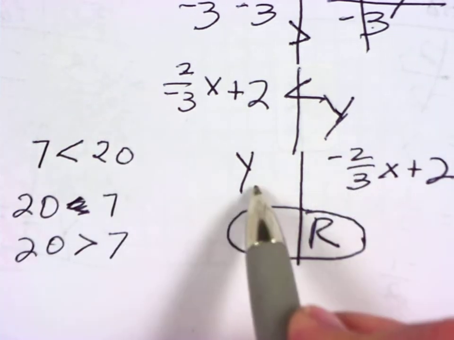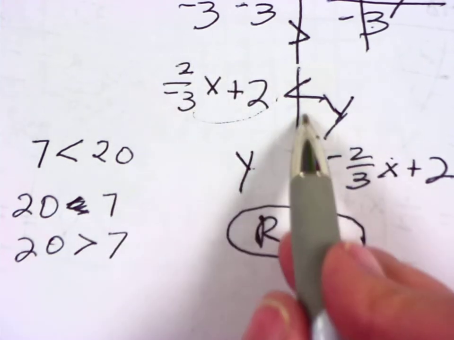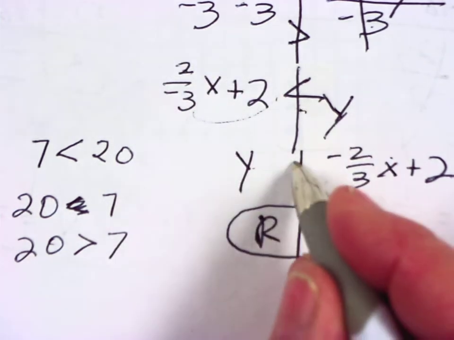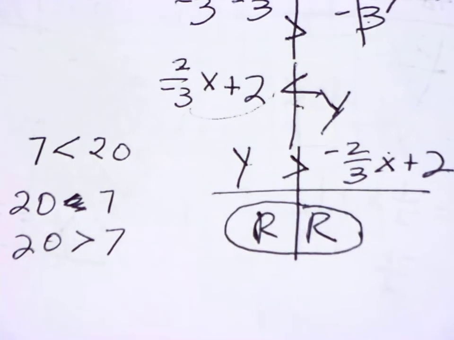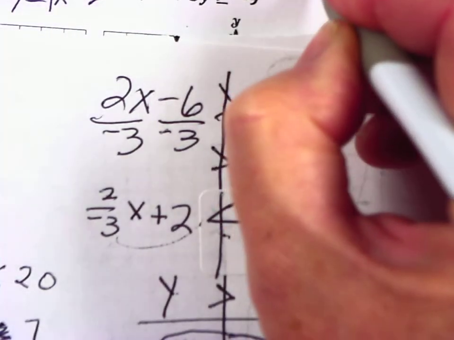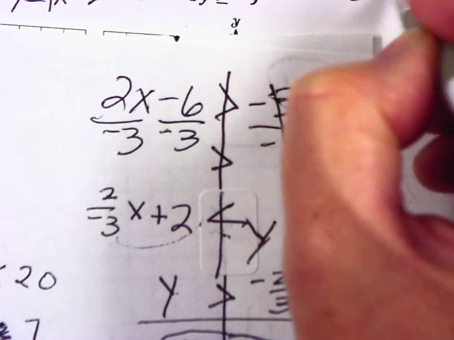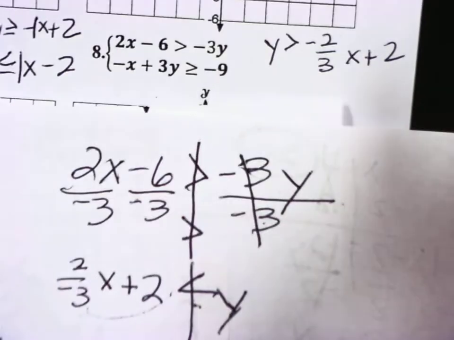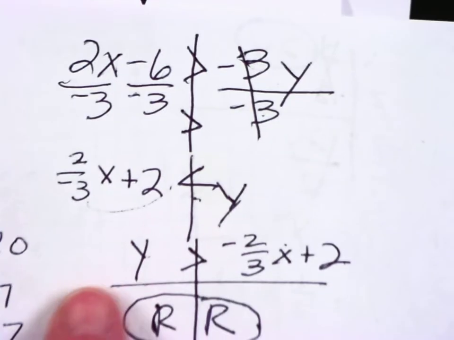So all I did was put the y here, put these two terms here, but I got to flip this little doggy. There we go. So there's our first inequality. Y is greater than negative 2/3 x plus 2.